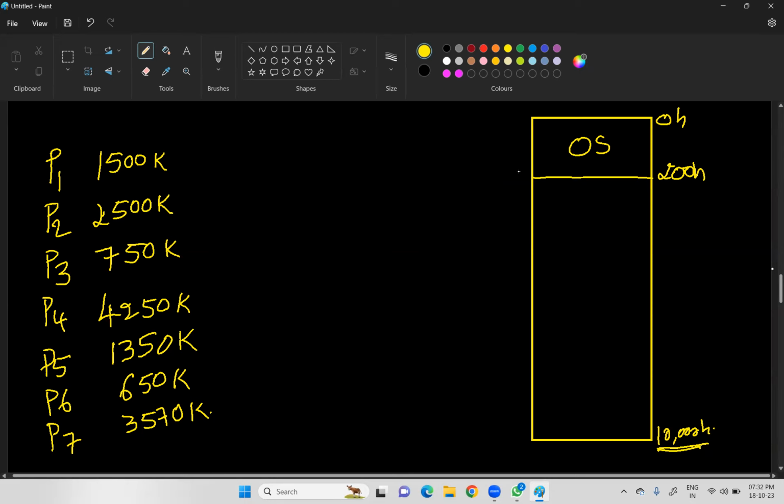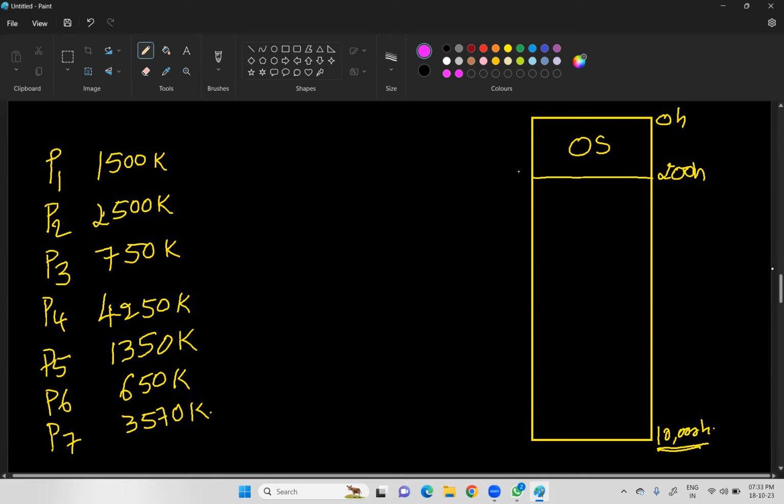For example, P1, P2, P3, P4 are available in the ready queue in the same order. For this session, the first hole size is 1500, second is 2500, third is 750, fourth is 4250. We don't know whether the fifth hole will be allocated or not. If allocation takes place, what would happen? Let us see this particular allocation here.